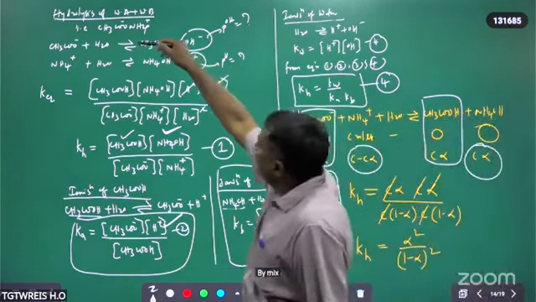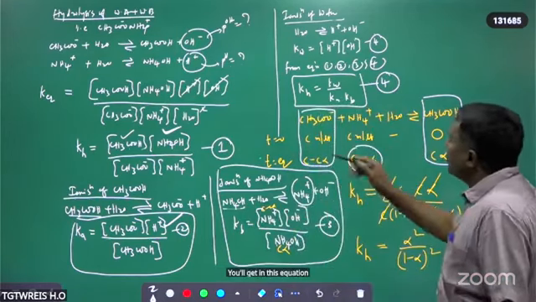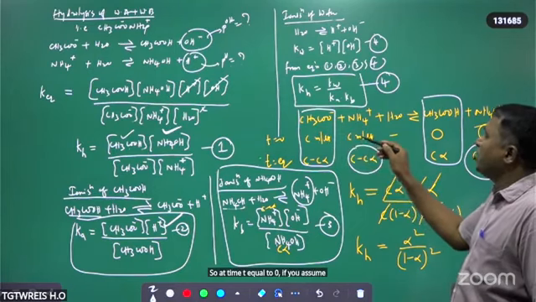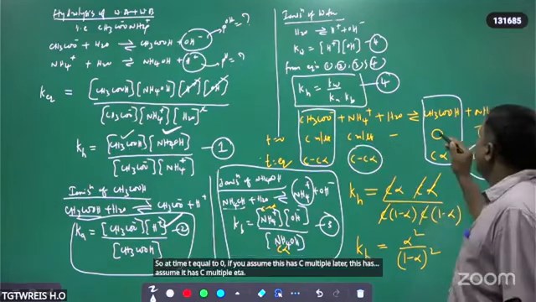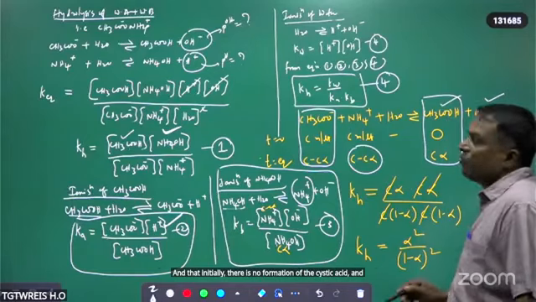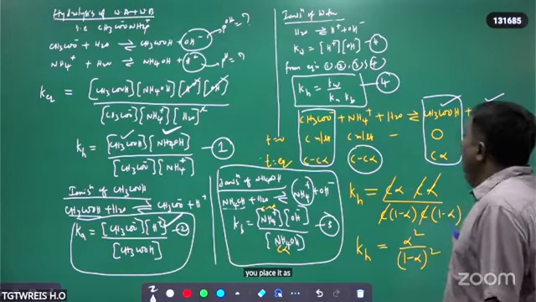By mixing these two, this one and this one, you will get this equation. So at time t equal to 0, if you assume this as C moles per liter, and this also as C moles per liter, and initially there is no formation of acetic acid and NH4OH, therefore you place it as 0, 0.